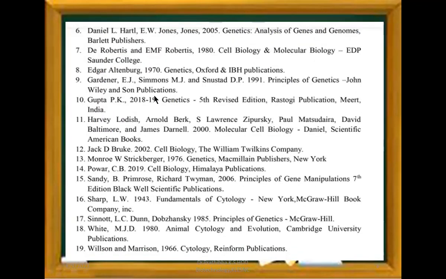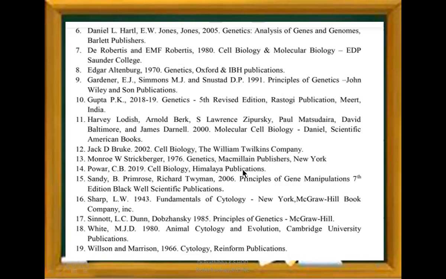If you want, you can purchase all these books. One or two you can purchase. Otherwise, whatever the notes we are giving, if you study that study material, that will be more than enough. Okay. So if you want to purchase, you can purchase C.B. Powar Cell Biology, Himalaya Publication.